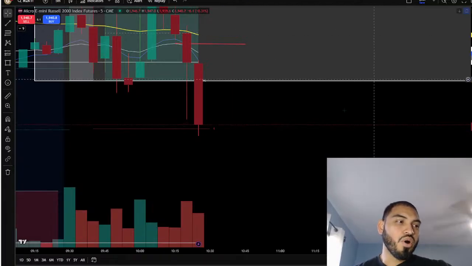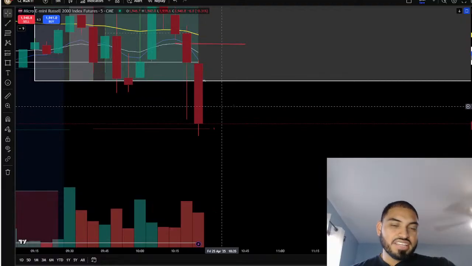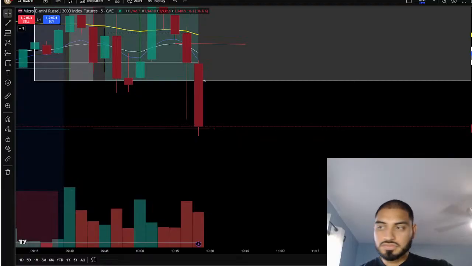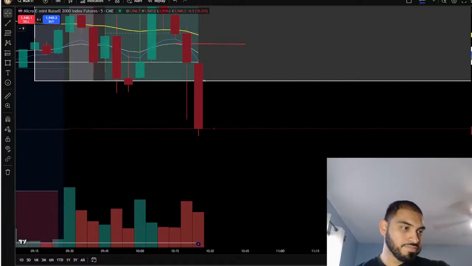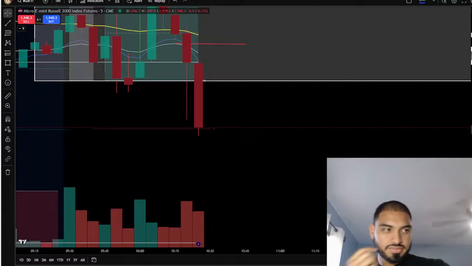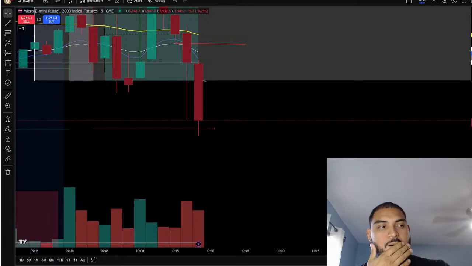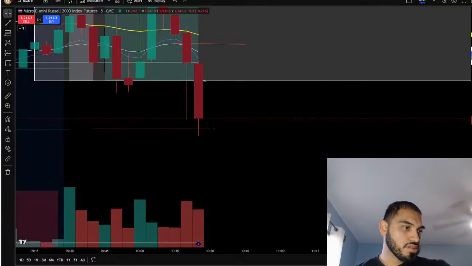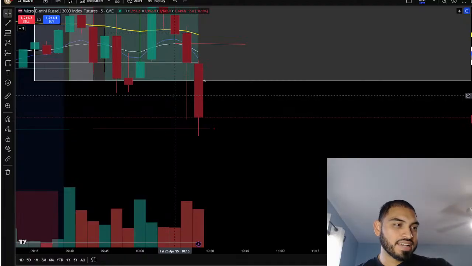So obviously this is gonna hold, if it can just pump up a little bit. Man, I want a better entry. If it can come back like right here, I'll be satisfied.